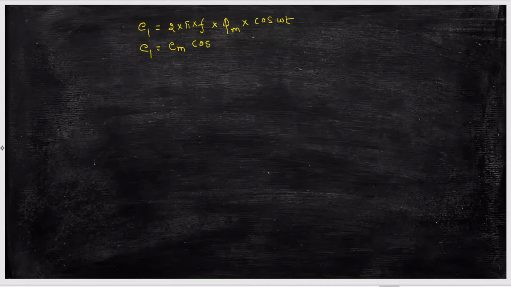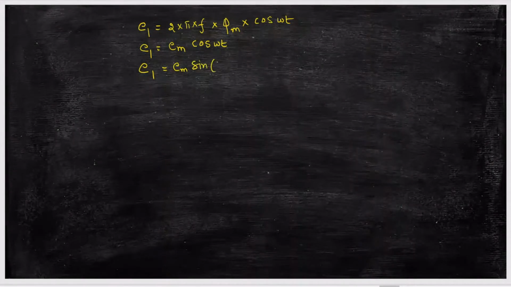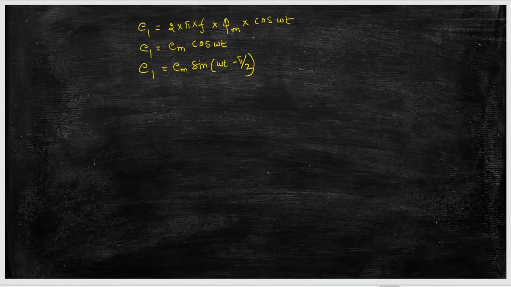I can write it as Em sin of omega t minus pi by 2, since sin of omega t minus pi by 2 is cos omega t. Now it is in the form V equal to Vm sin omega t.